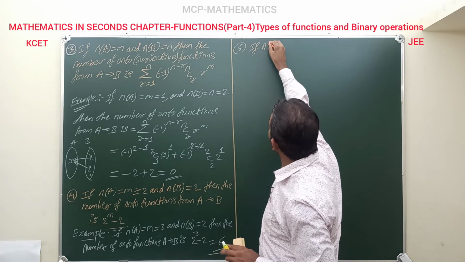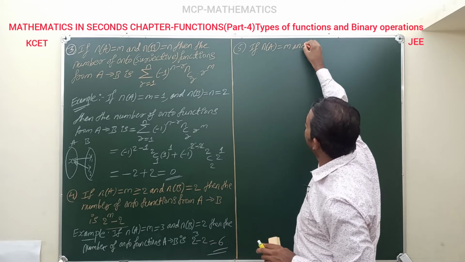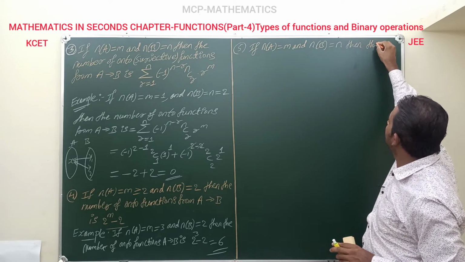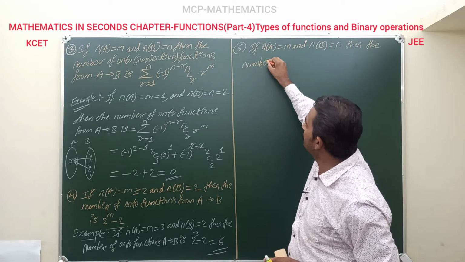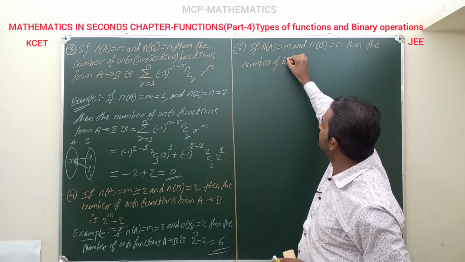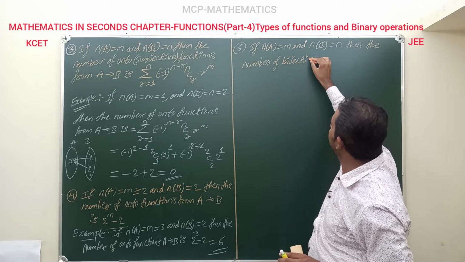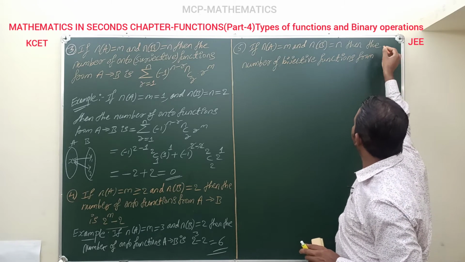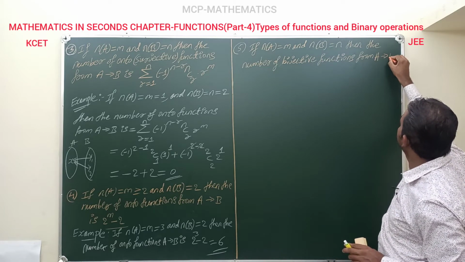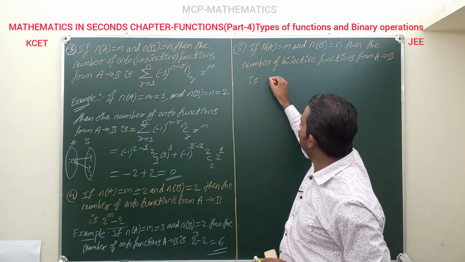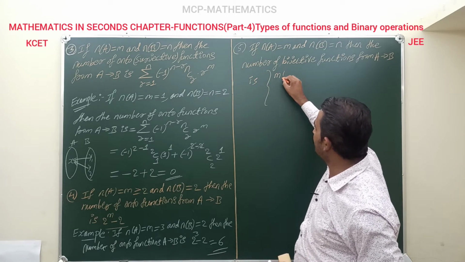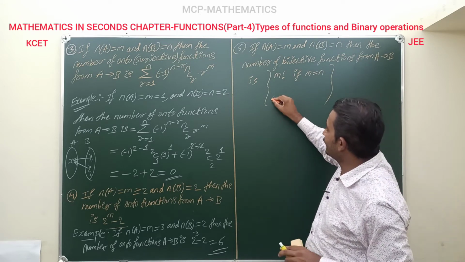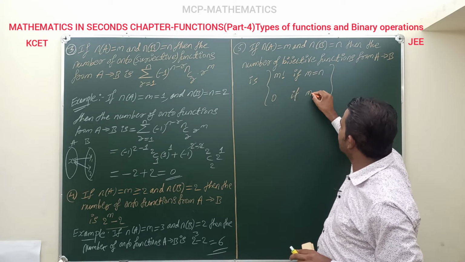If n(A) contains m and n(B) contains n, then the number of bijective functions, meaning one-one onto functions, from A to B is m factorial, or n factorial, if m is equal to n, and in any other case it becomes 0 if m is not equal to n.